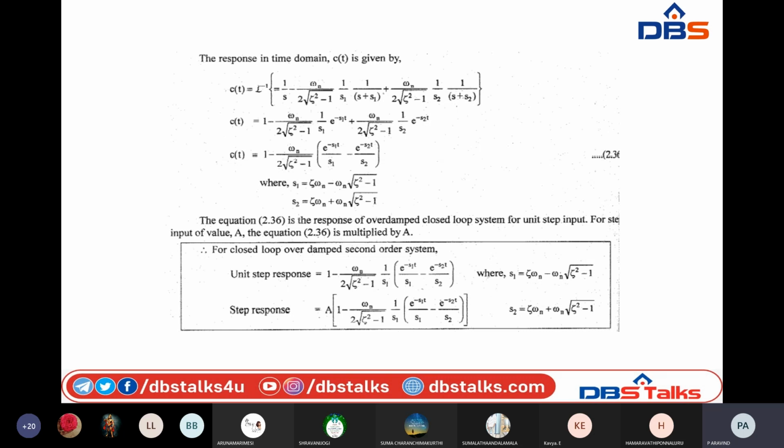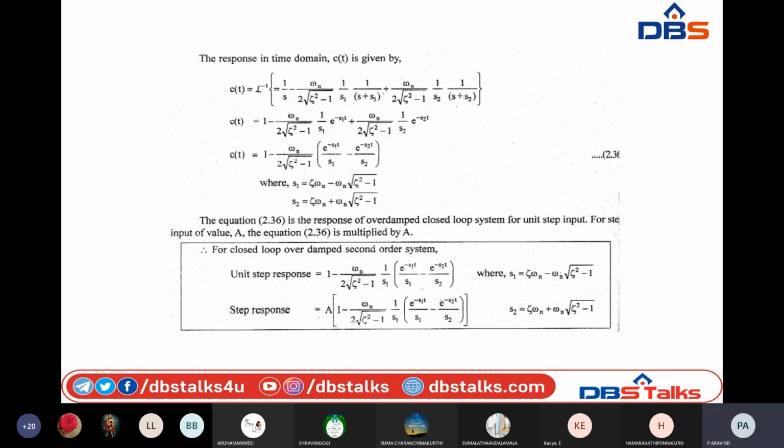We are taking s1, where s1 is zeta omega n minus omega n into square root of zeta square minus 1, and s2 is equal to zeta omega n plus omega n multiplied with square root of zeta square minus 1.